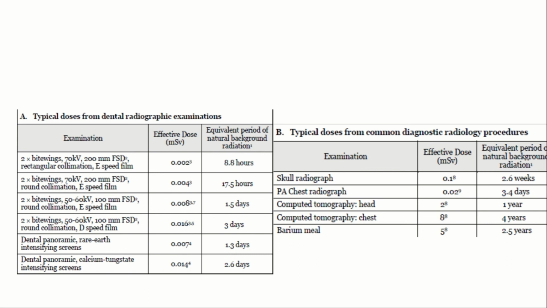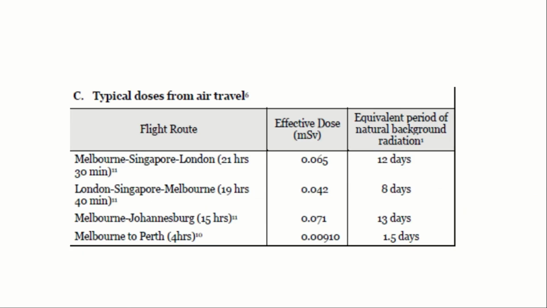So don't worry, background radiation is not as nasty as the radiation that we use in the medical field. For example, the effective dose for a flight from Melbourne to London, transiting at Singapore, is 0.065 millisievert.